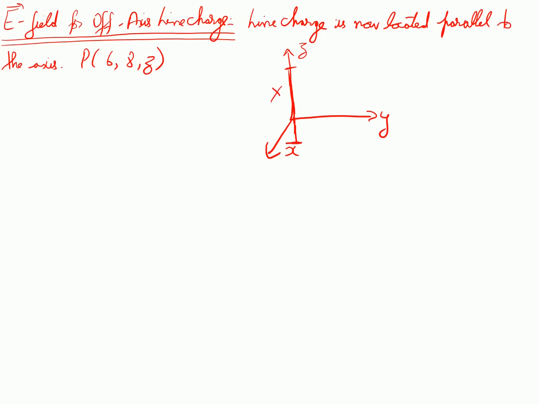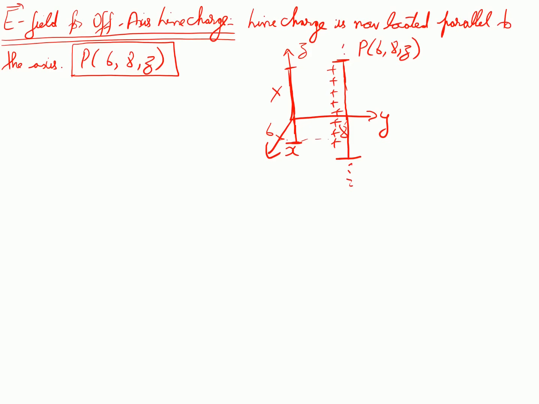It is located at this point, where x is equal to 6 and y equals 8. So this is the point where my line is located. This means that now my line is off axis and the charges are distributed uniformly along this infinite line.